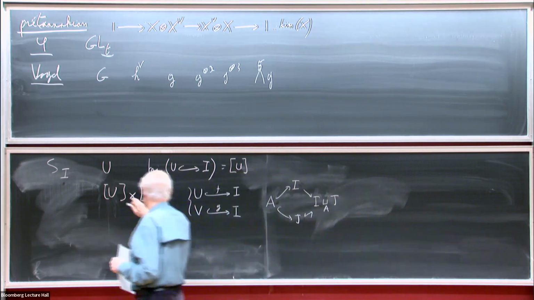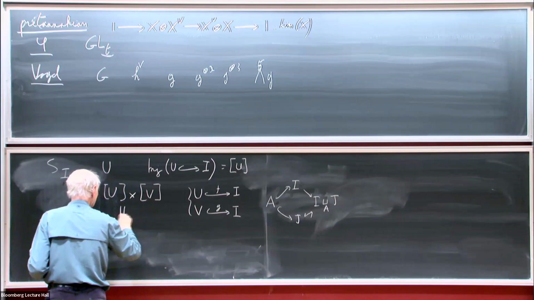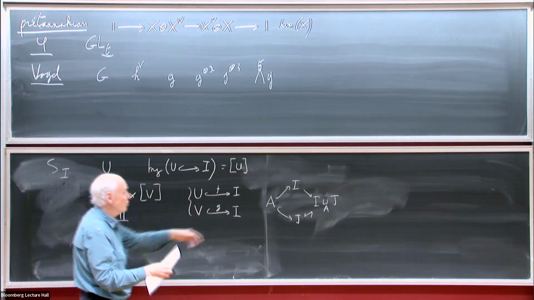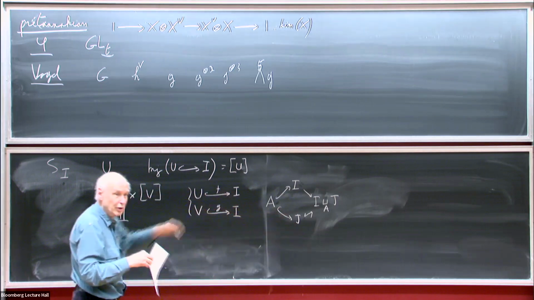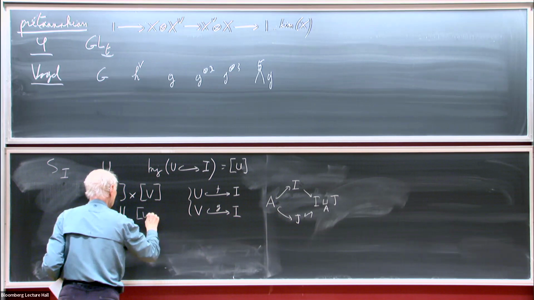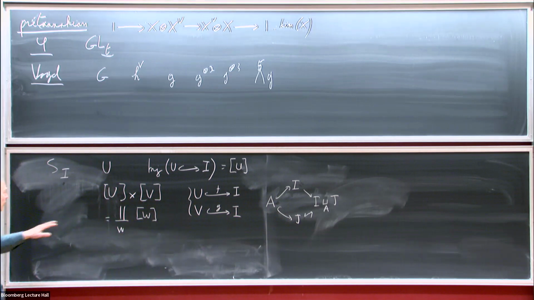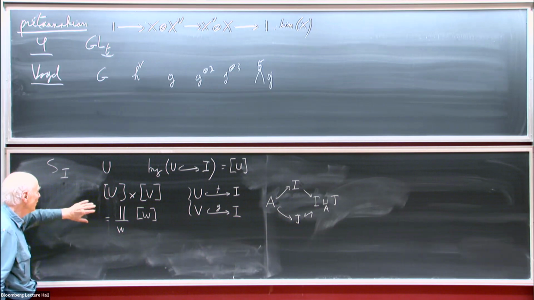And what you have is that this is equal to the sum over all those amalgamations of U and V over something you decide to be common to some W. And I will possibly use it later.